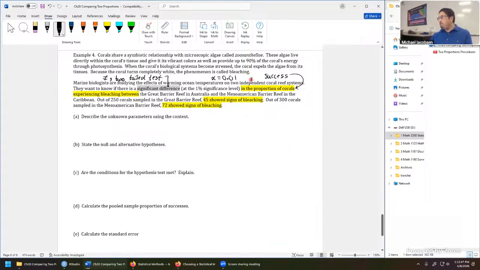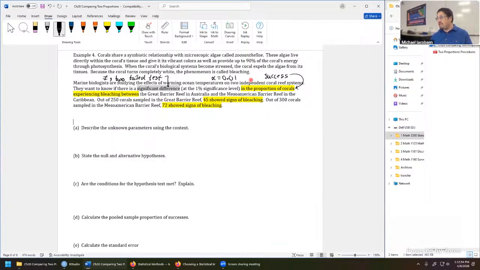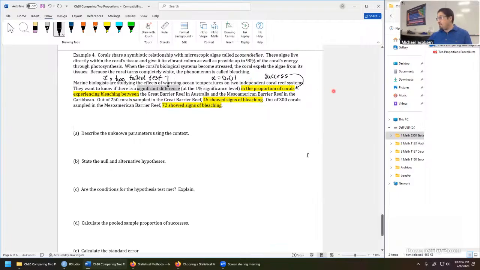And usually when you have two independent populations like these, there's two sample sizes, there's two sets of successes. Sometimes it's a good idea to take a little bit extra time, say in the margin, or let's include a little bit of space here just to organize our data as we see it. So first, for the Great Barrier Reef, we know this is in Australia, so I'll just refer to that population this way.